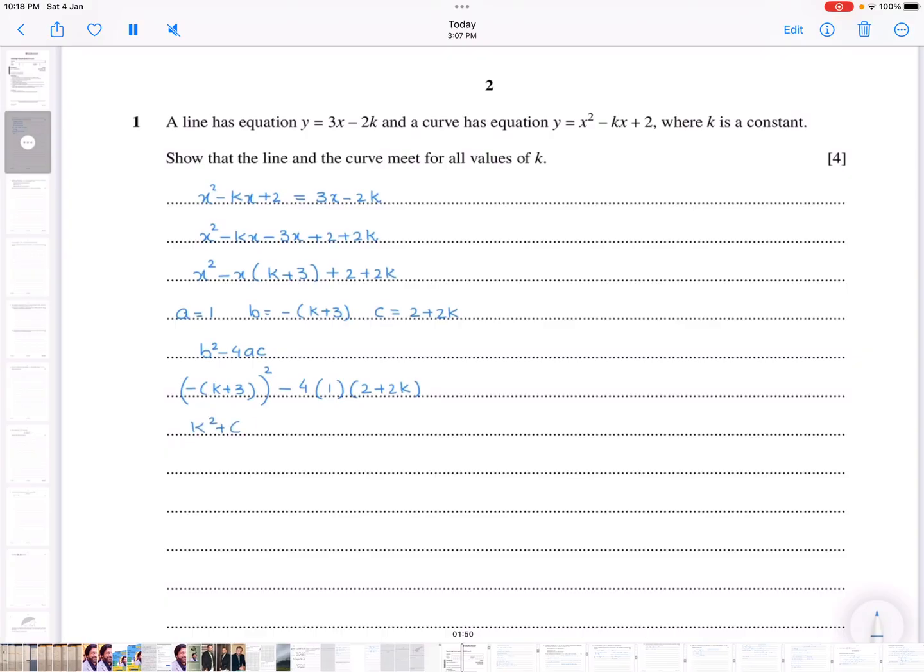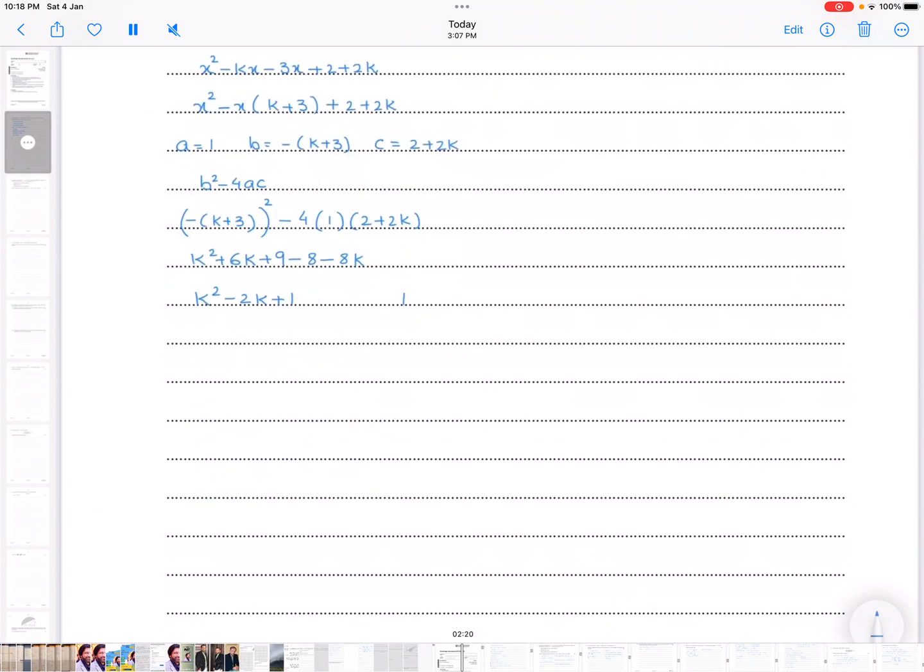So this is k squared plus 6k plus 9 minus 4 multiplied with the bracket 2 plus 2k. Now further simplify this, so this becomes k squared minus 2k plus 1.